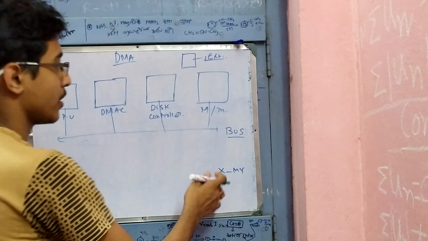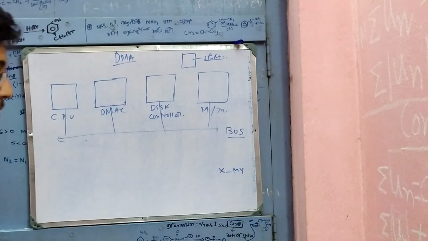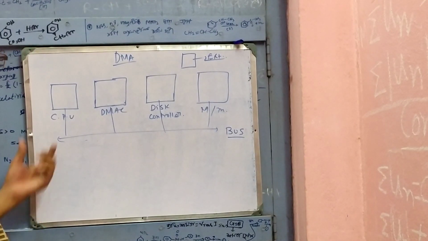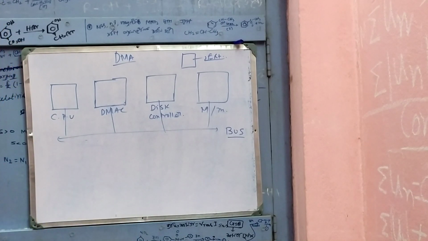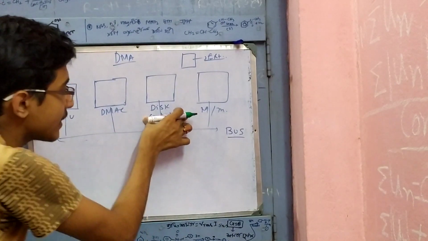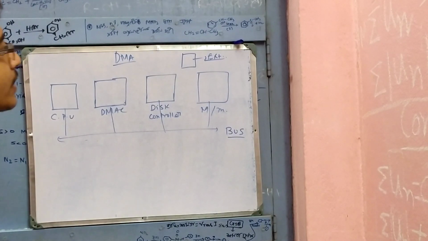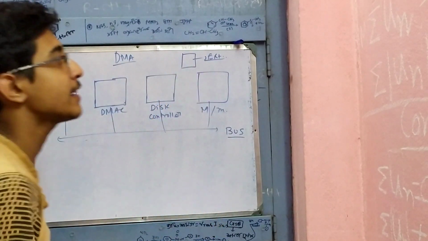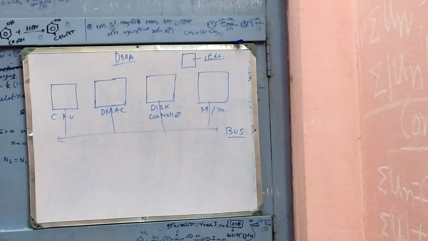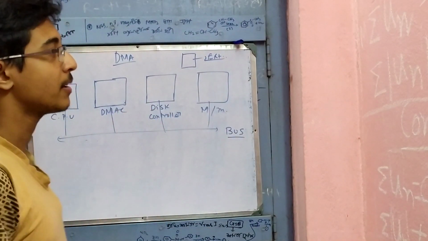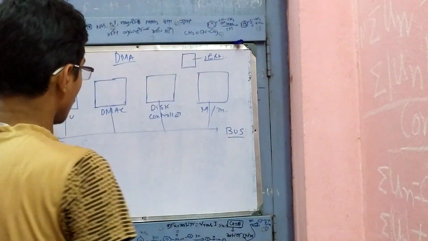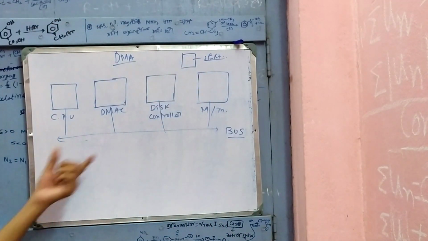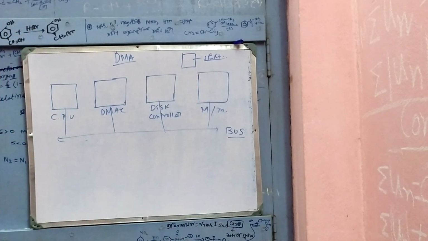In my computer system, one file can arise. Now the CPU will notify the disk controller to check whether any external device is connected or not. If it is connected, then we go to DMA. But if it is not connected, then no problem.